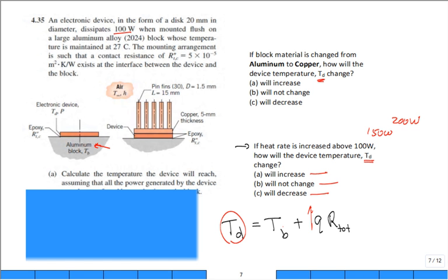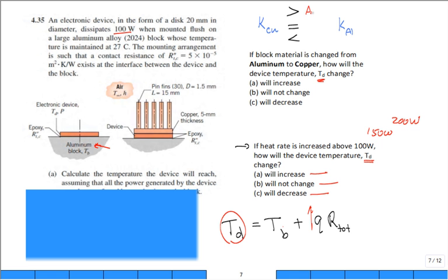Before I grade that one, let me do this. Let me ask a quick clicker question. I want to compare the thermal conductivity of copper with the thermal conductivity of aluminum. Somebody says, I think the thermal conductivity of copper is greater than aluminum. No, somebody says it's equal to. Somebody says, no, it's less.